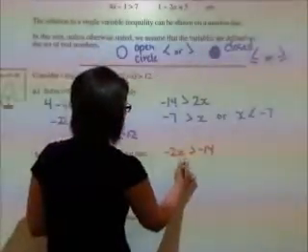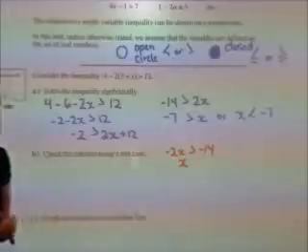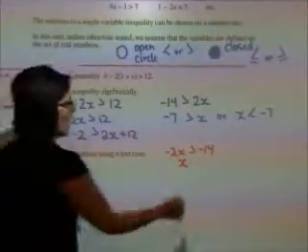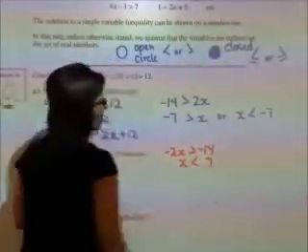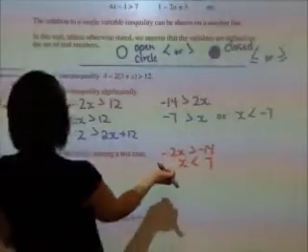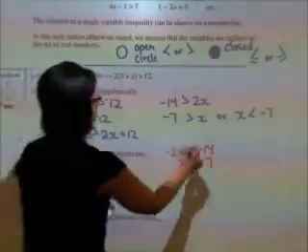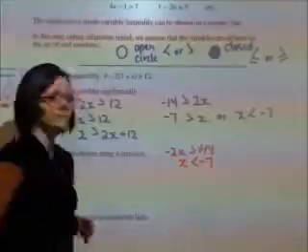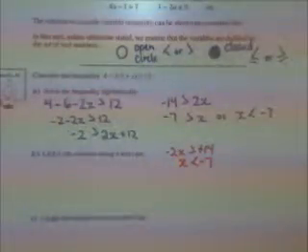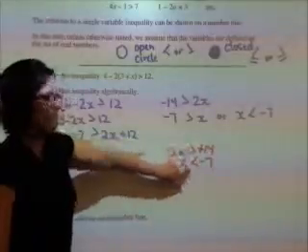And then I have to remember, when I divide or multiply by a negative number, I have to invert or flip the inequality sign. I still get that x is less than negative 7, provided I remember this part in here.